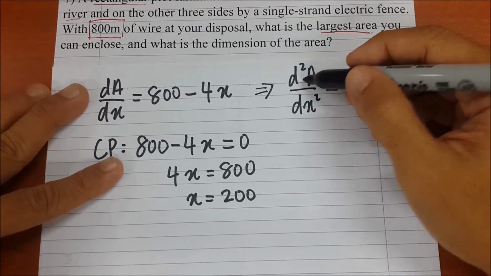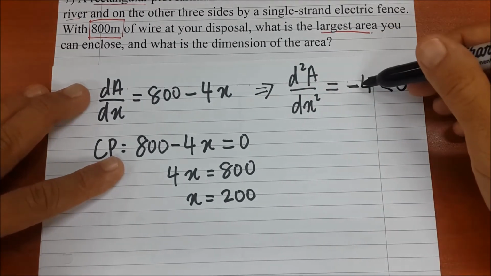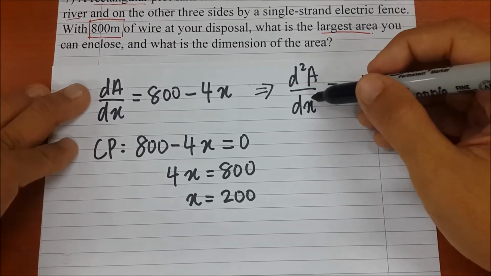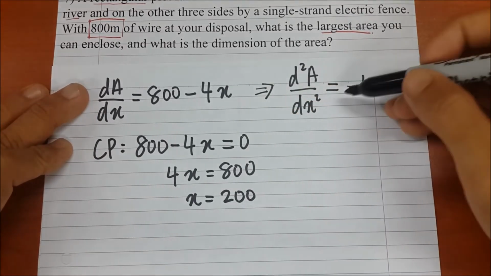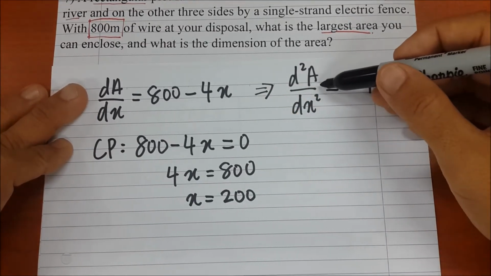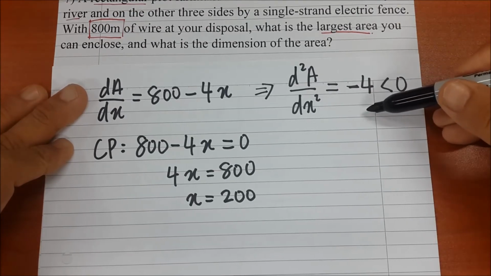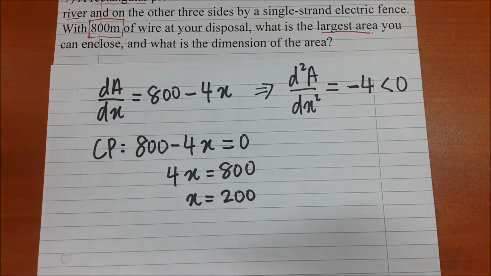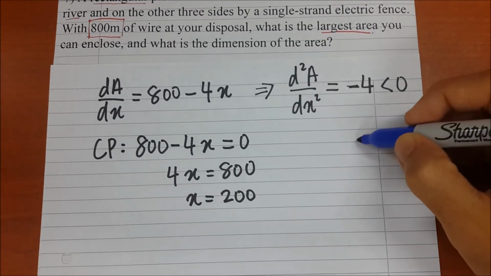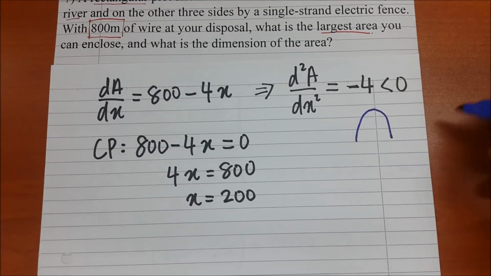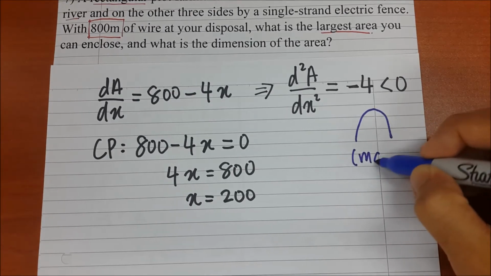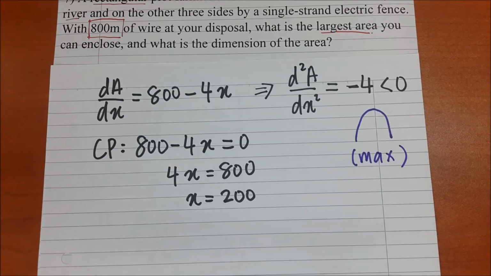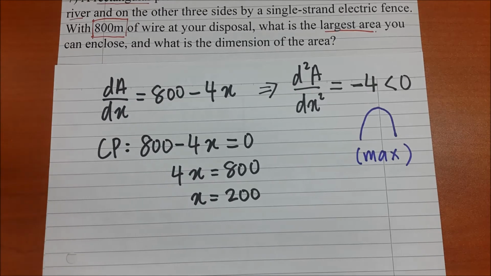Alright. Since the second derivative is less than 0, negative 4, no matter what the value of X is, the second derivative will still be negative 4, and this is less than 0. For a second derivative less than 0, your graph will look like this, and this gives you a maximum value.